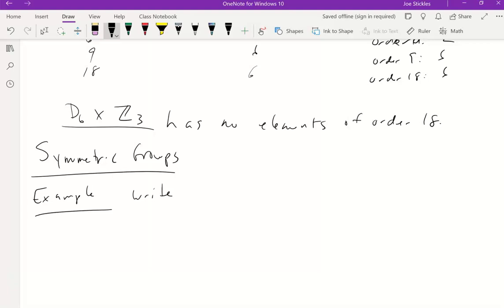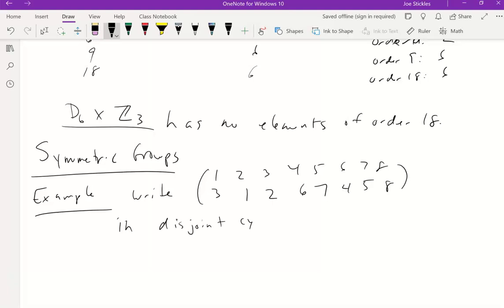If I ask you to write this permutation in disjoint cycle notation, we've talked about doing this, right?